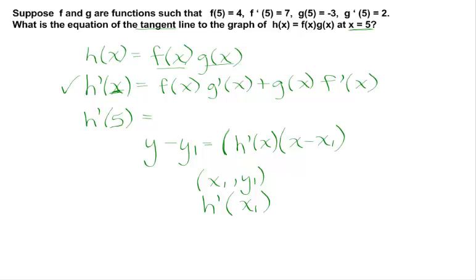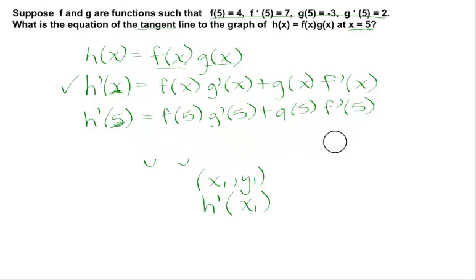So now everywhere that there's an x, I'm going to write a 5 instead. I need f of 5 times g prime of 5 plus g of 5 times f prime of 5. That's why they gave me all this information to start with. I'm going to need that to find the slope of the tangent line at x equal 5.